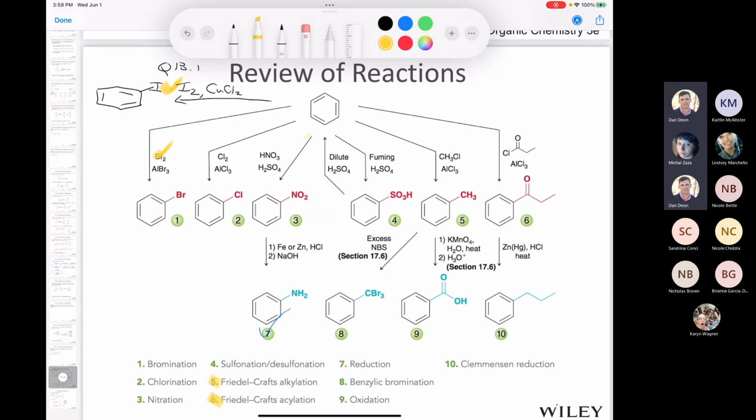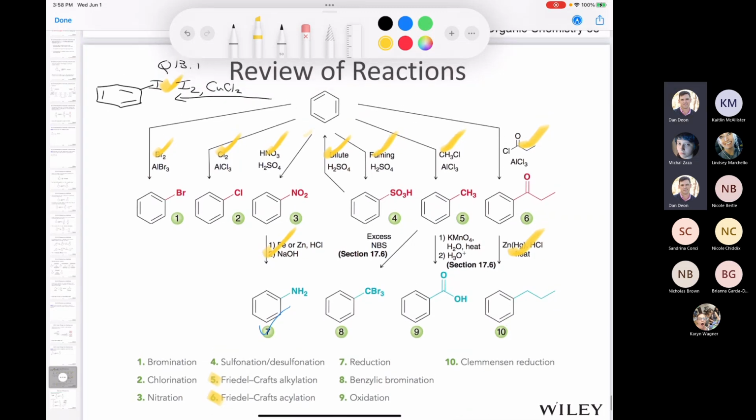We covered bromination, chlorination, nitration, sulfonation, desulfonation, Friedel-Crafts alkylation, Friedel-Crafts acylation. We covered the Clemmensen reduction, and we covered reduction of a nitro group. These are all the things that we have covered today.